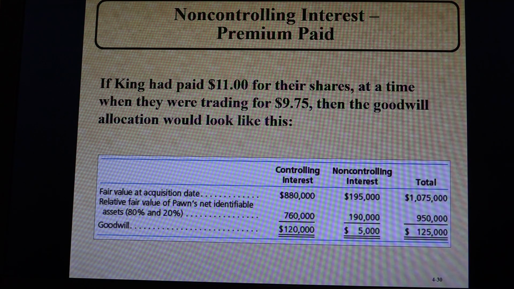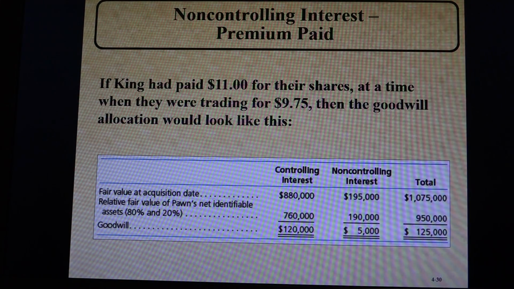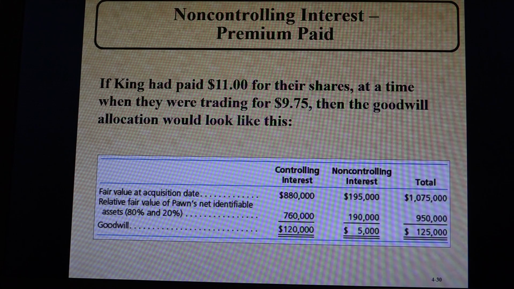And so 162 plus 45 is 207. You're going to put that number in your worksheet there in Exhibit 4.6 down near the bottom.